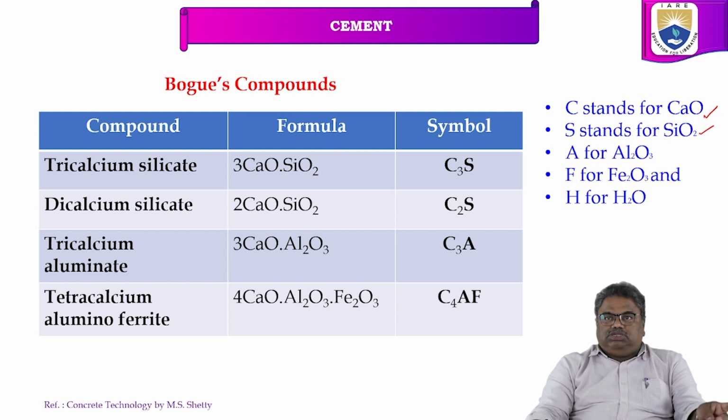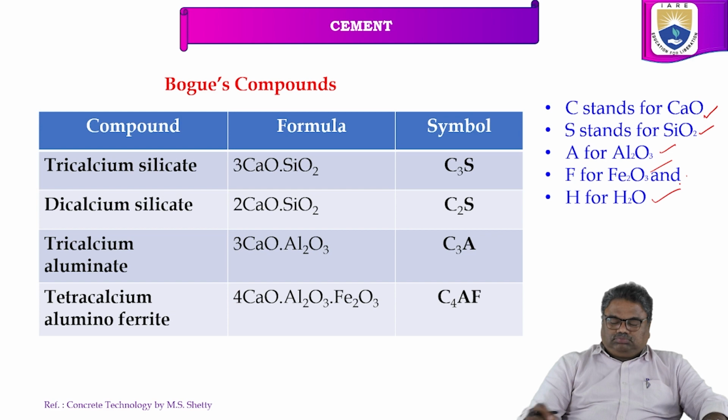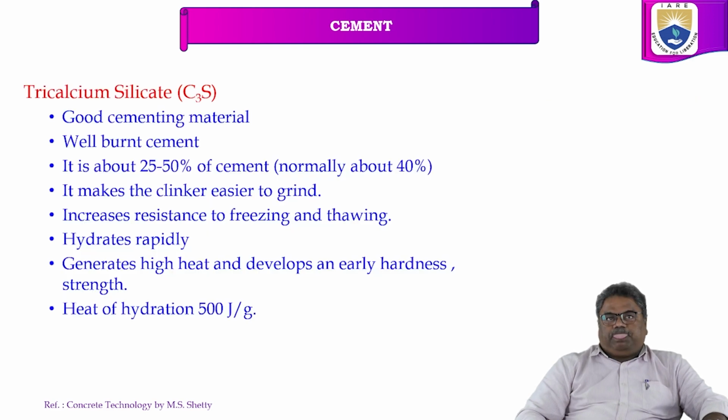So C3S, C2S, C3A, and C4AF are the four Bogue's compounds. Here A refers to Al2O3, F refers to Fe2O3, and H refers to H2O. So these are the major compounds, Bogue's compounds.